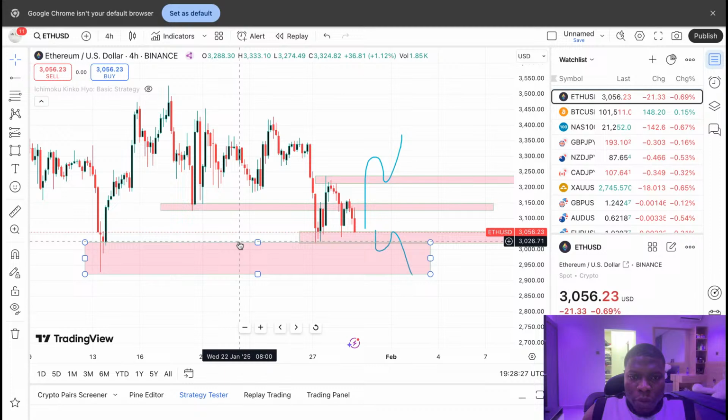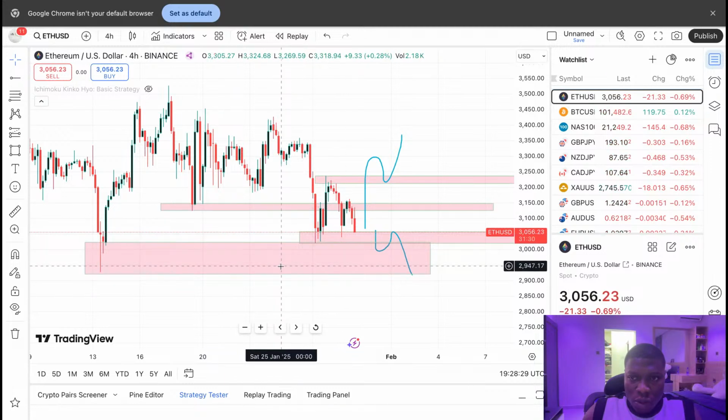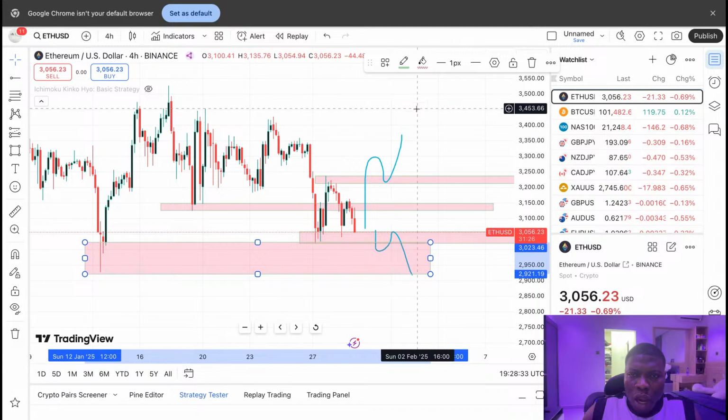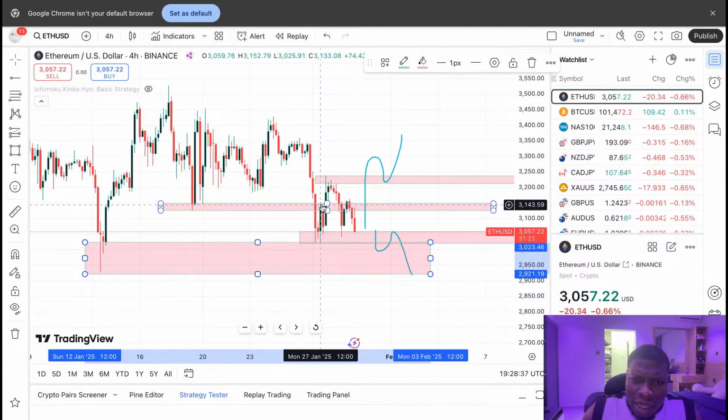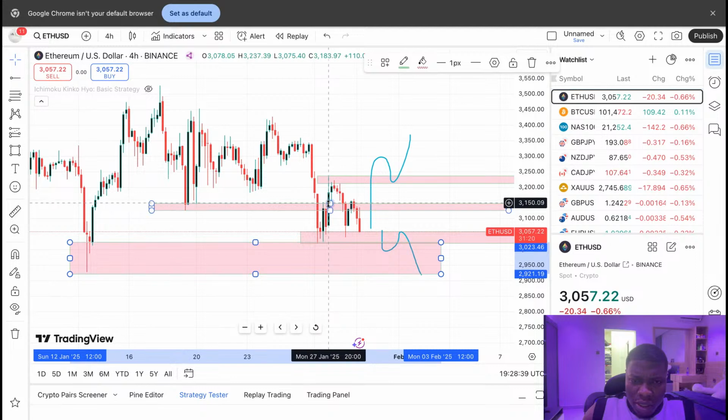But before you target the next zone of support, you have to ask yourself, has there been a rejection on this last support that was broken? Because most markets do not retest immediately after they break out.